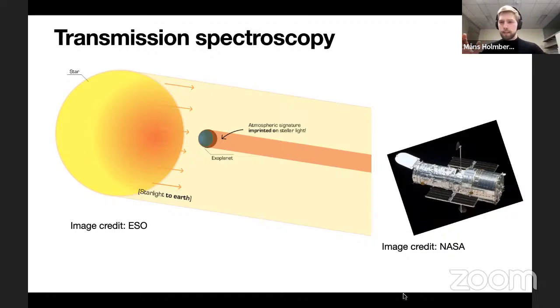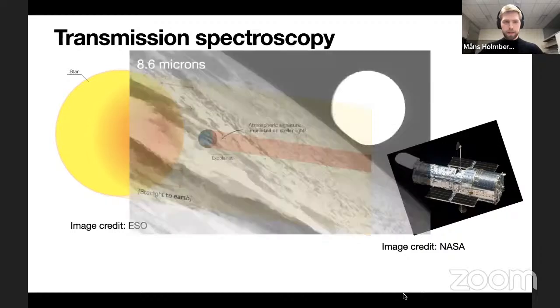We can point that telescope or other telescopes to this event when the planet is transiting, detect the light from the atmosphere, and we can say something about the atmosphere, the composition, temperature structure, and so forth.